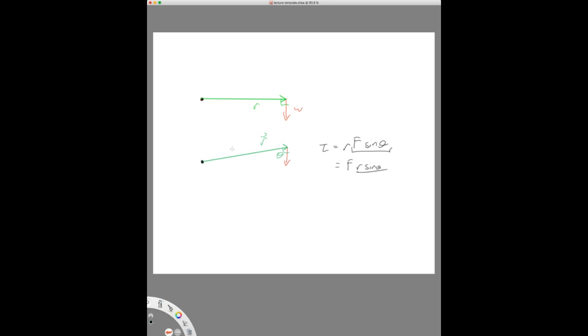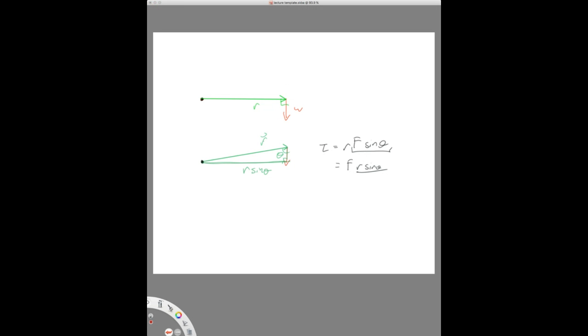If we make a right triangle out of R, then this side here would be R times the sine of theta. And that is exactly the same as the length of the R that you get if you just take the work and you move it down so that it's perpendicular to that.